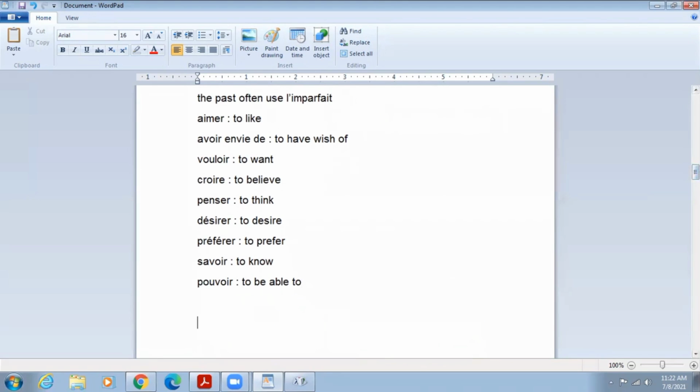Now, before doing the conjugation, let's talk about weather in French. Le temps. Il y a 5 saisons en Inde.